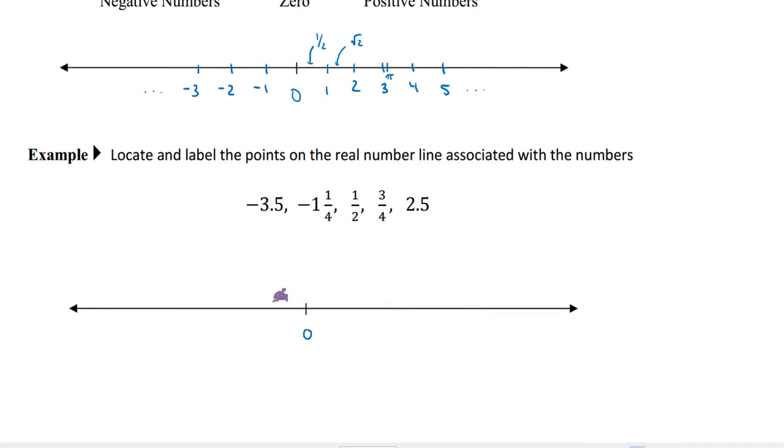So what we could do is start to label our negative integers. Okay, and -3.5 would be right here. So -3.5.